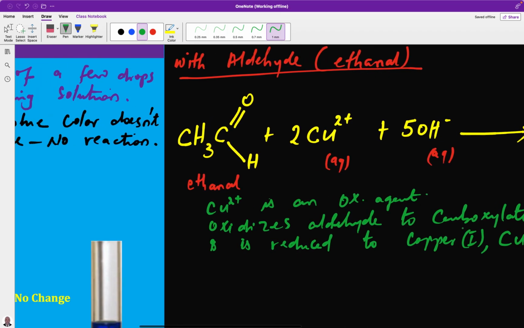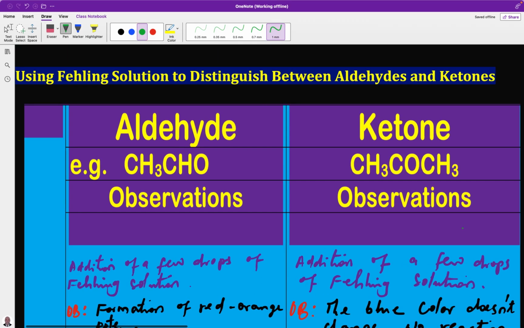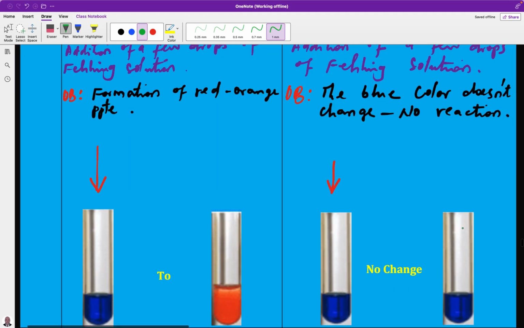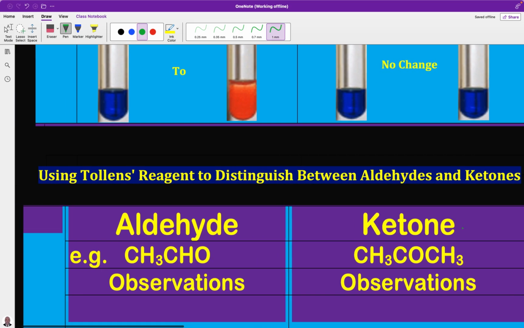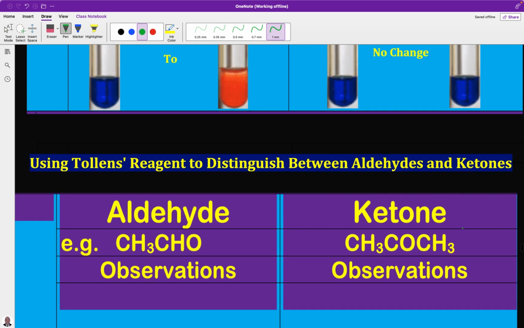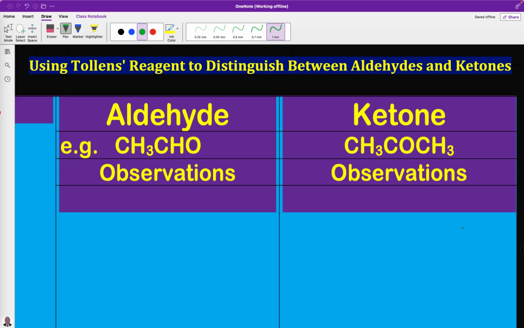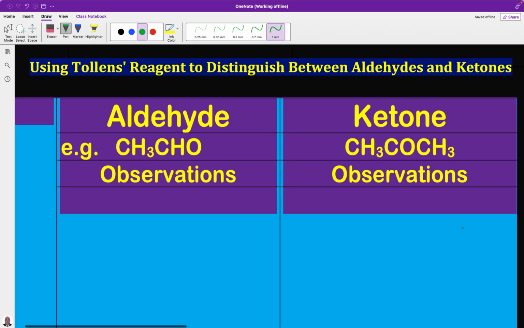We will go now to the second test. We have been using Fehling solution. The second test will use Tollens reagent. We will be using Tollens reagent to distinguish between an aldehyde and a ketone. We will still be using the same example, ethanol and acetone.